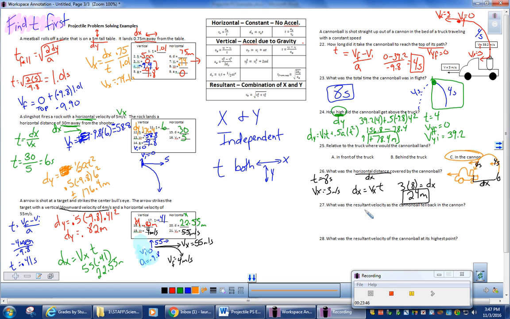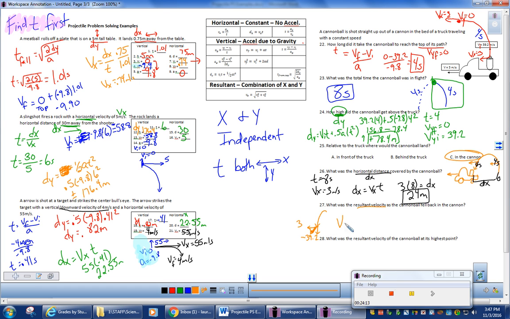What is the resultant velocity? Remember that the resultant is a combination of the x and the y. So when that cannonball landed, it was moving down with a speed of negative 39.2. It was moving forward with a speed of 3 meters per second. So we want to know that in between, or that combination velocity.